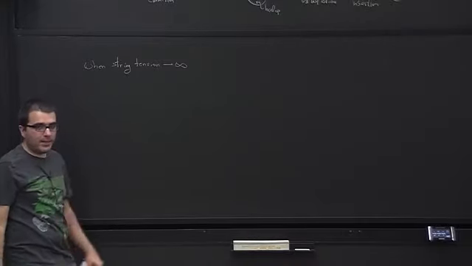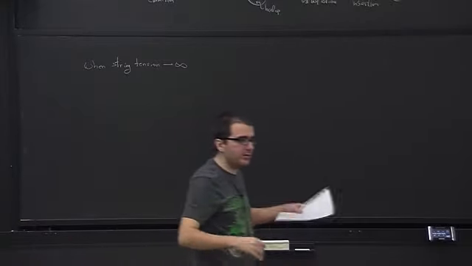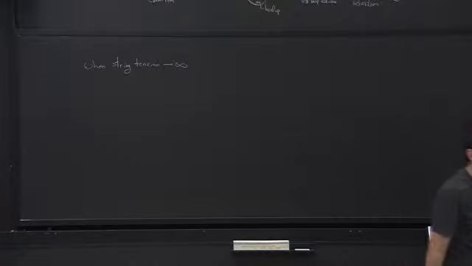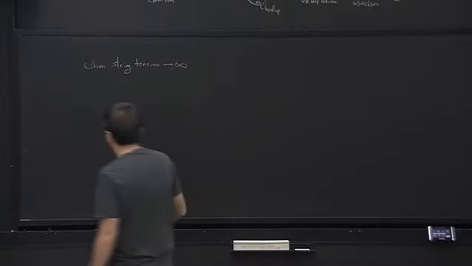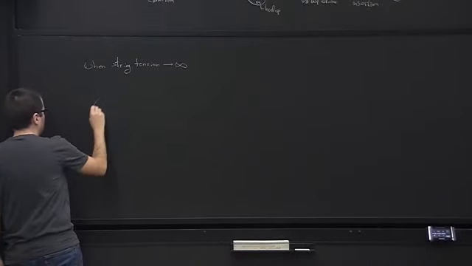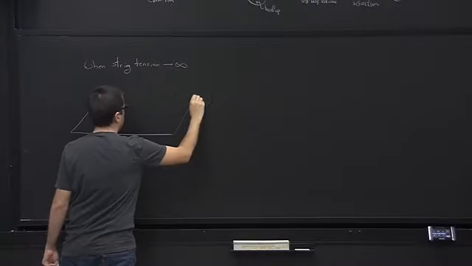And you are describing a bunch of open strings on a stack of n branes, and you take a very large string tension. Okay? So what kind of things do you draw? Well, very large string tension means that the strings are very small. So let's draw our stack of branes.